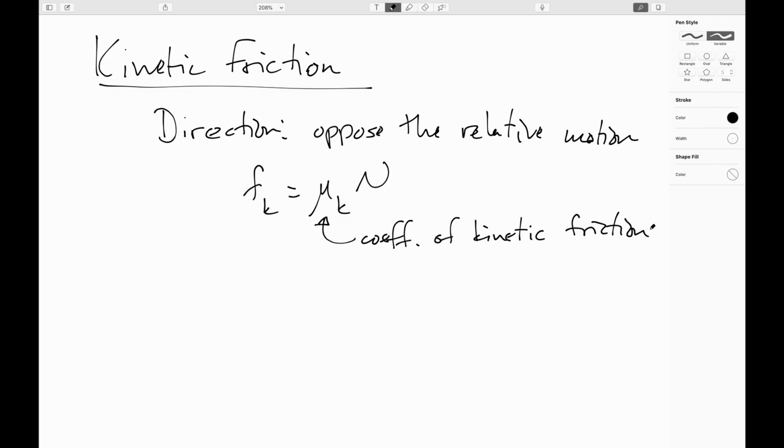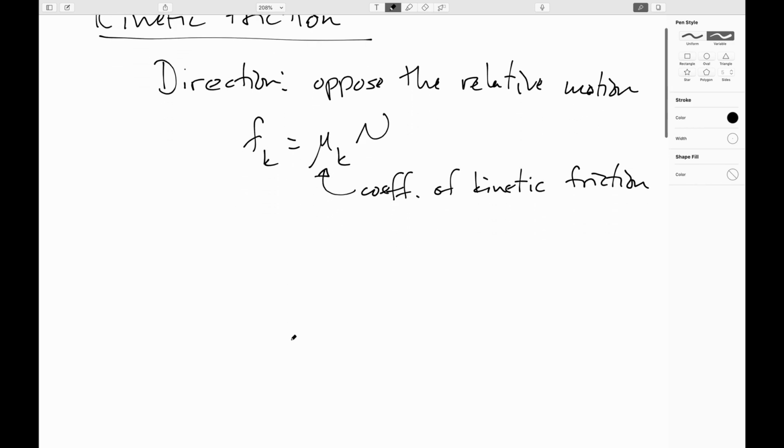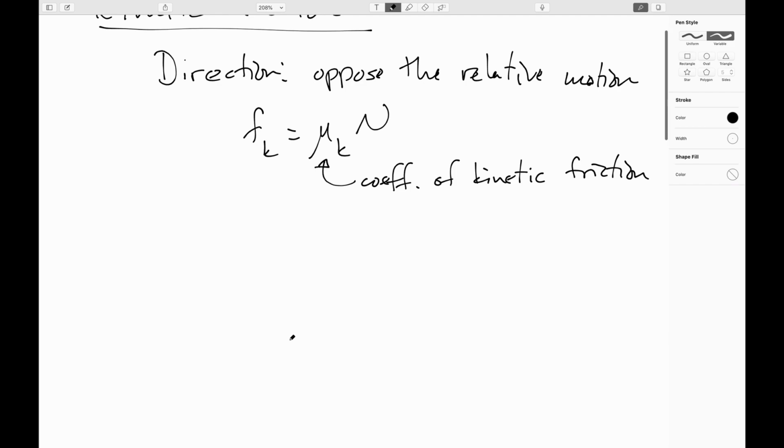But here, it's just the coefficient of kinetic friction times the normal force. And these coefficients don't have units. The normal force has units in newtons, so does the force of kinetic friction. So the coefficient itself is dimensionless.